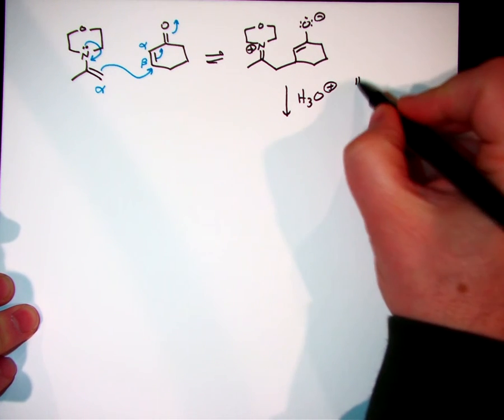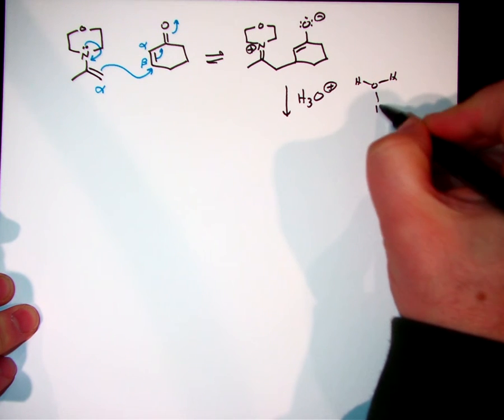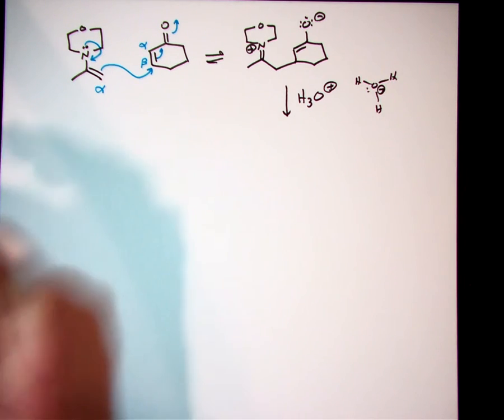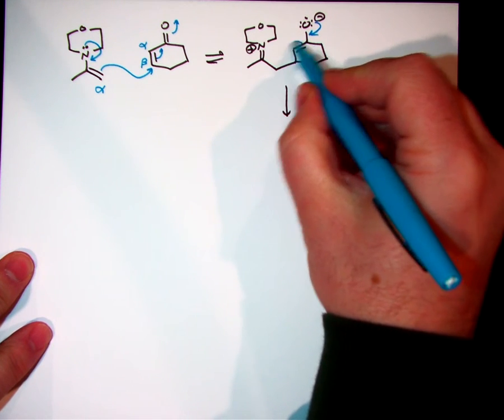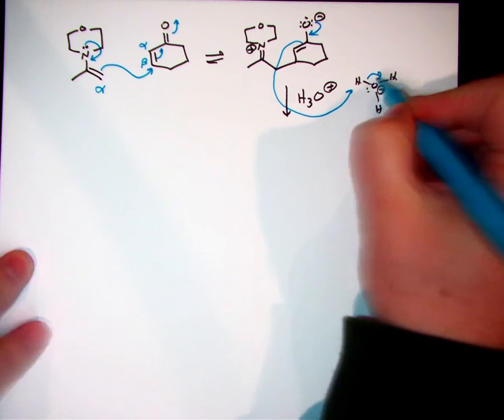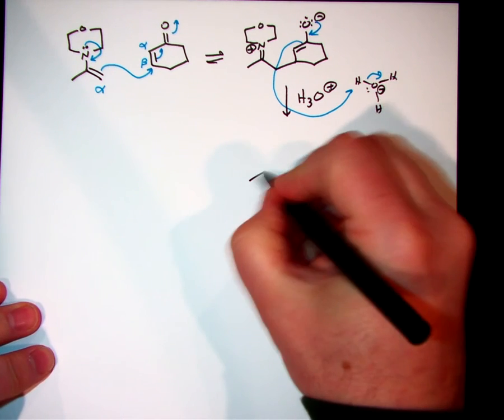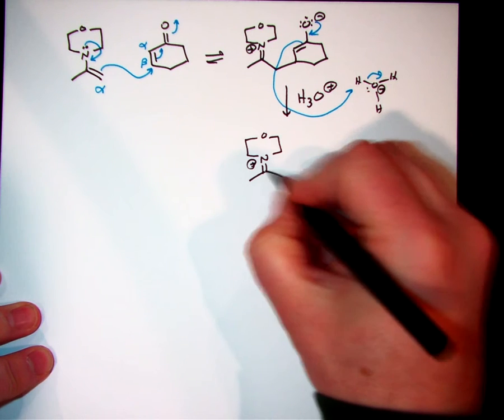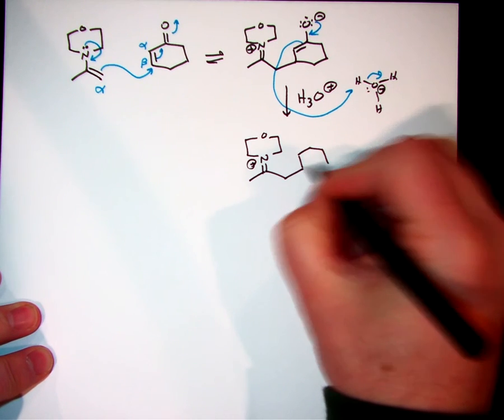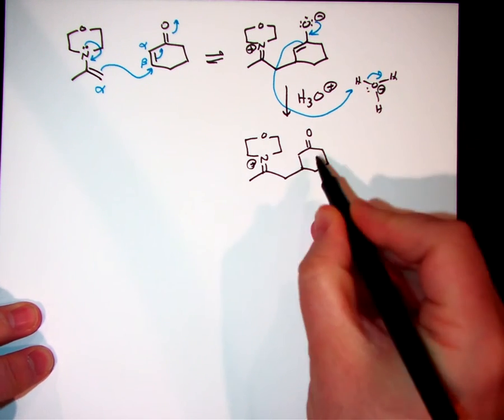We can try to draw that in such a way we could actually reform the carbonyl and then have this get protonated. That gives us the carbonyl back here.